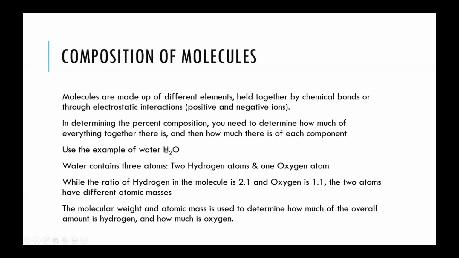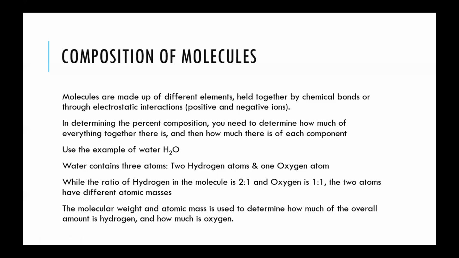So while, based on just the number of atoms, there are more hydrogen atoms present in a molecule of water, the overall amount is more heavily based on oxygen than the hydrogens.